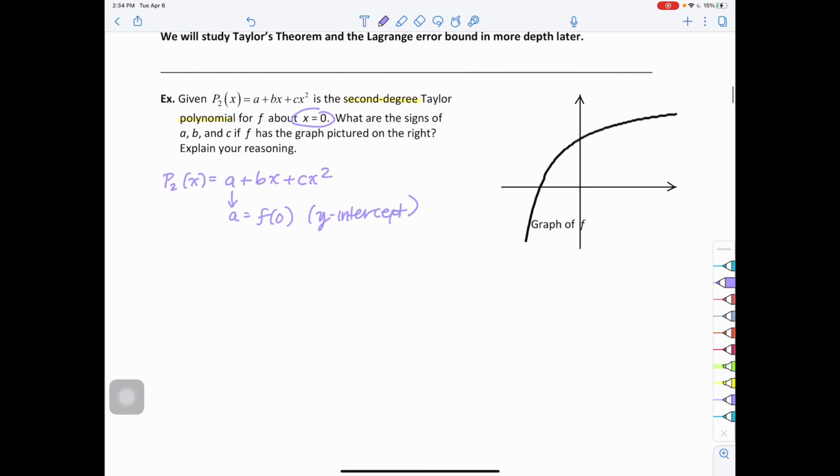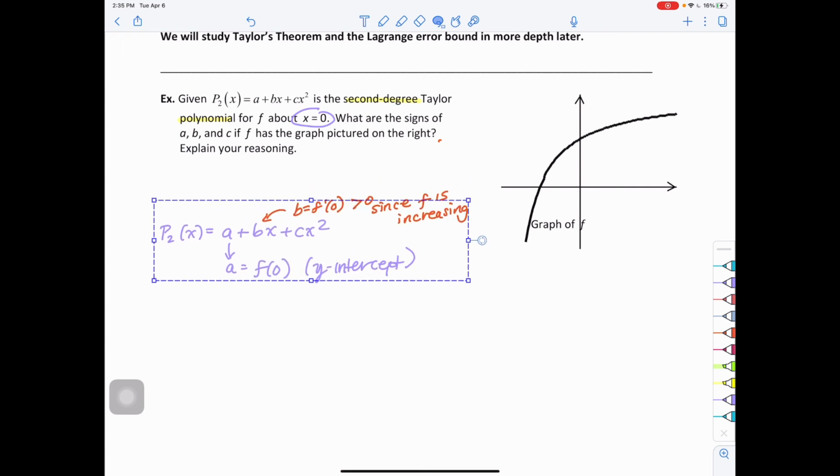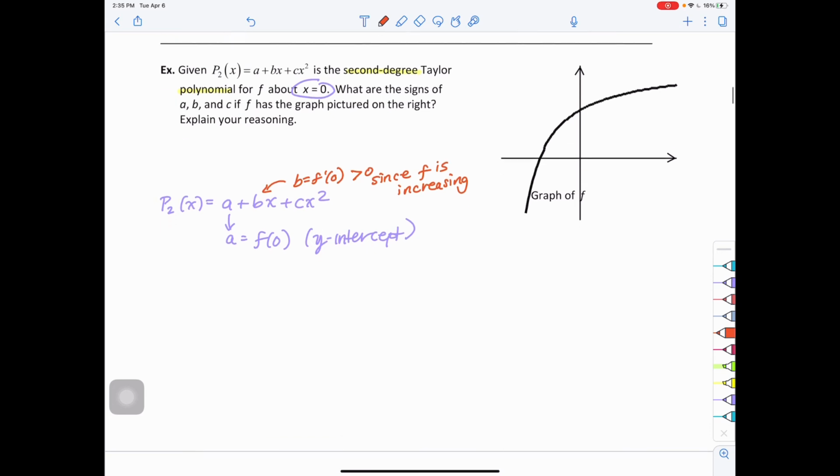Okay? And B is actually going to equal f prime of 0, which is positive since f is increasing. So I'm really running out of room here. Let me see if I can move all of this down. Okay. And then what about C? We notice that this graph f is increasing and f is concave down.